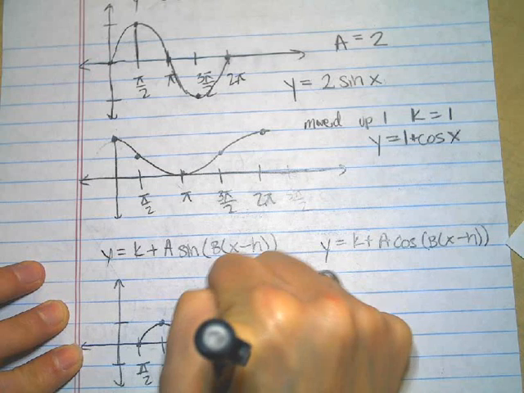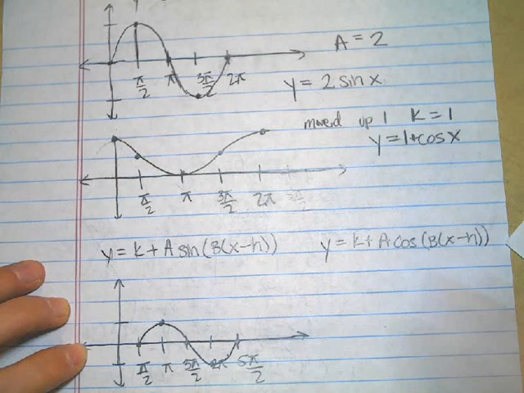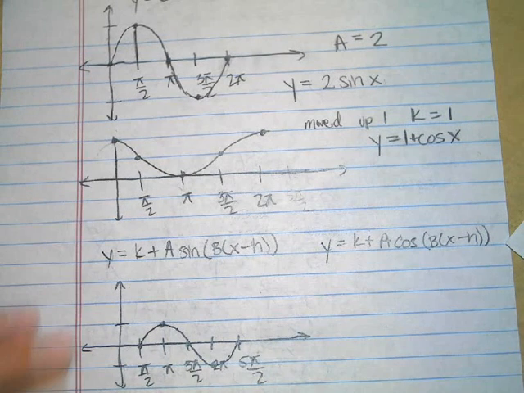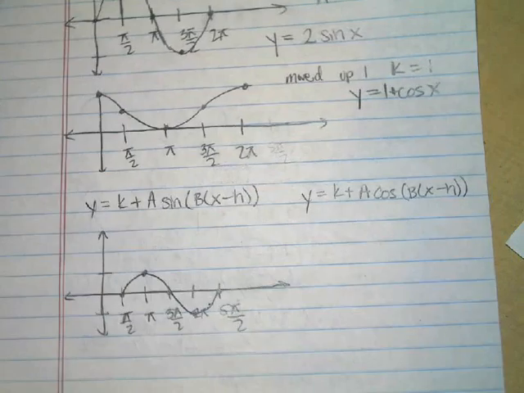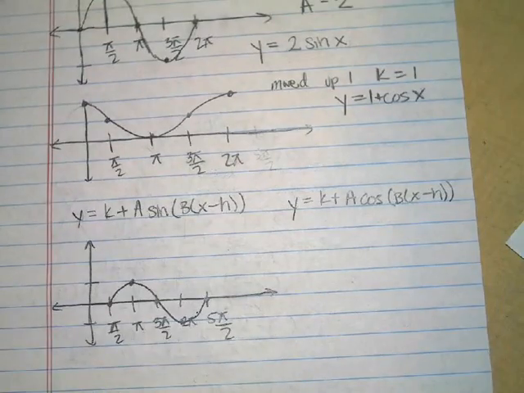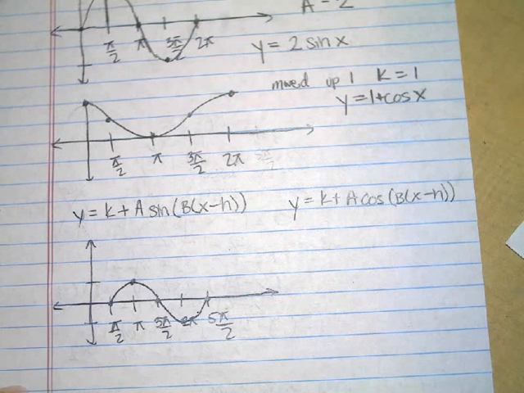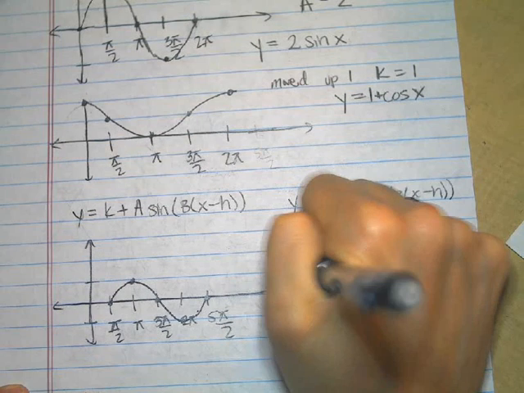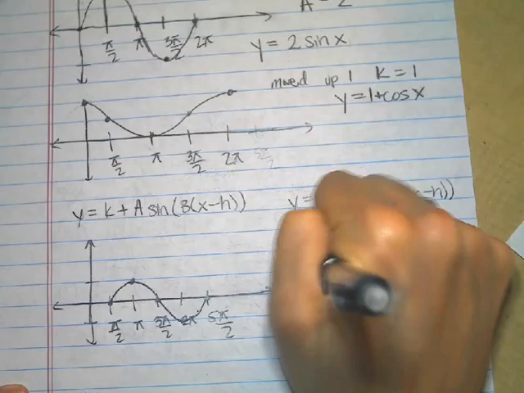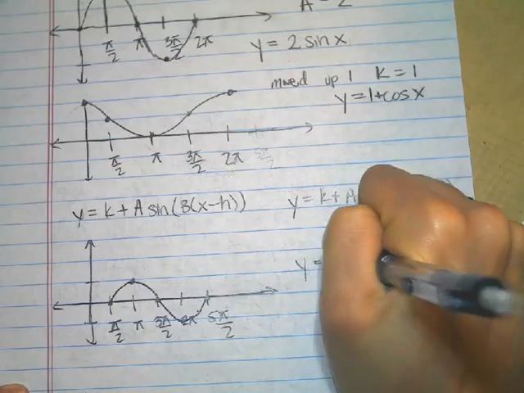So it moved right pi over 2. When something moves left or right, that goes with the h value. So we say h equals pi over 2. If it moved left, it would be negative. But since it moved to the right, we leave it as a positive. That's this value here.